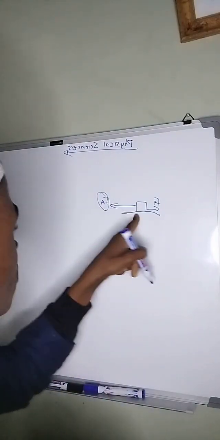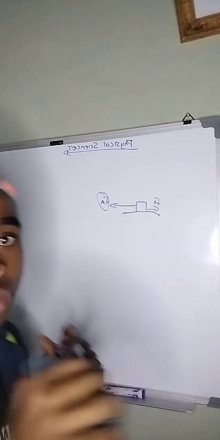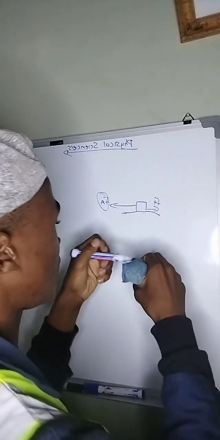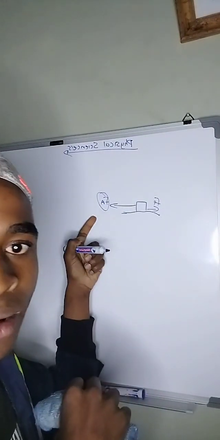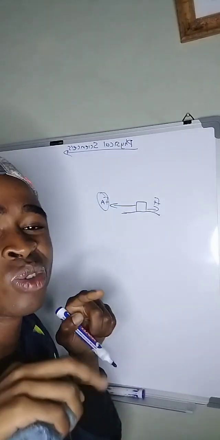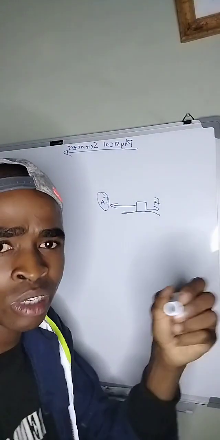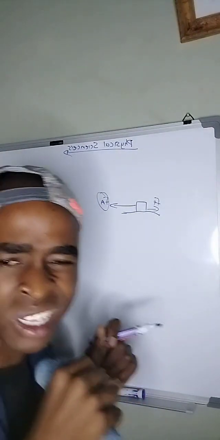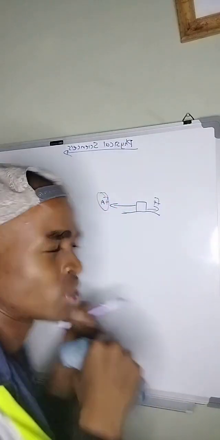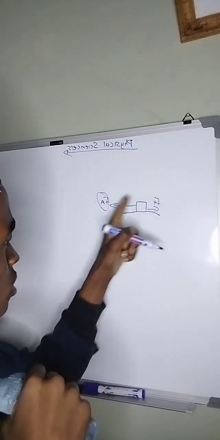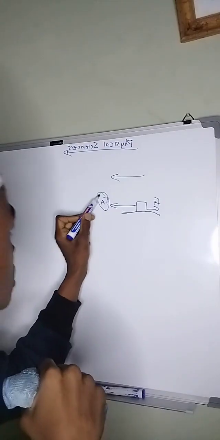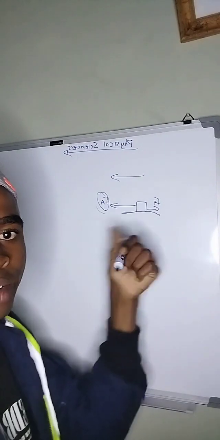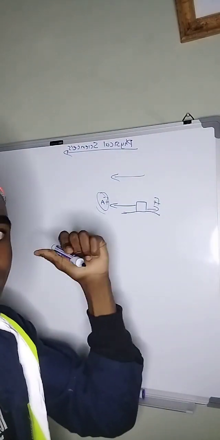Since this F applied is going in that direction, like I said to you just now, the friction will act as an opposition. It will prevent the object from going forward. So it means that for this object to go in that direction, this F applied has to be more than friction in order for the object to accelerate in that direction.